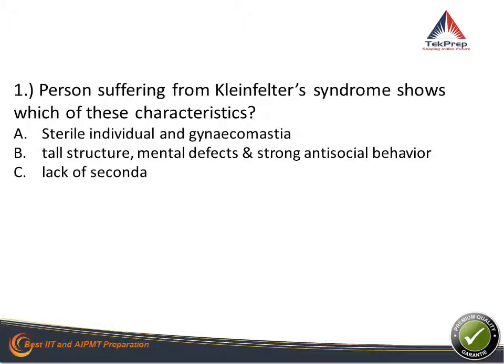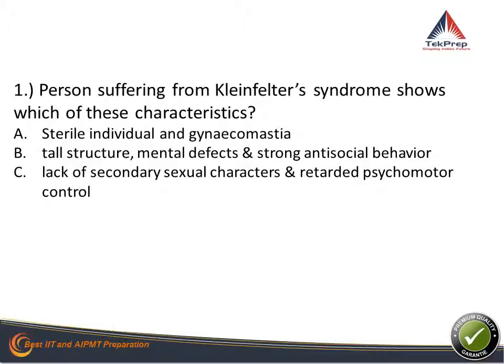So let's look at the third option. The third option given is lack of secondary sexual characters and retarded psychomotor control. Talking about sexual characters, well, at puberty their bodies make less testosterone than normal boys, so their development may be disrupted or slow, which means they have reduced sperm production and decreased sexual interest, not complete lack of secondary sexual characters.